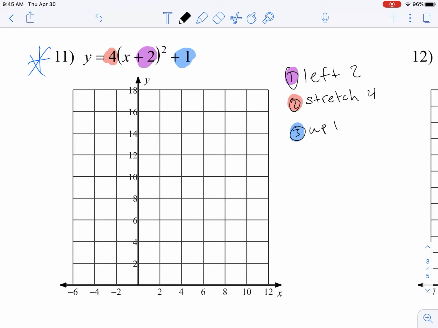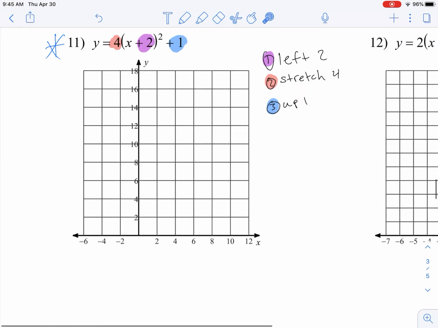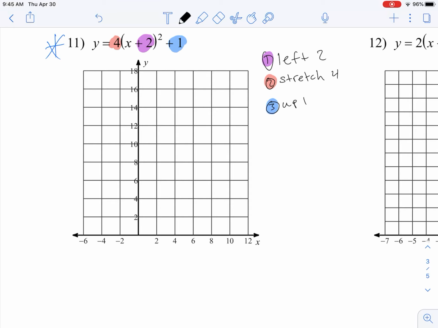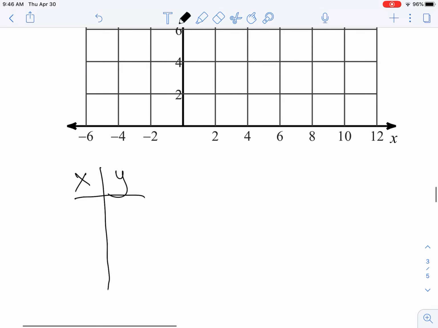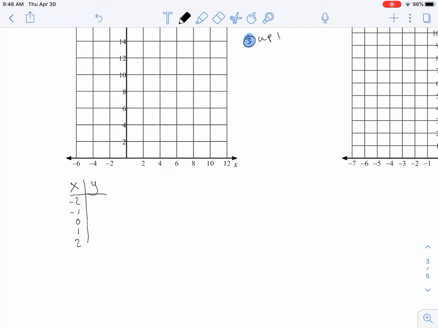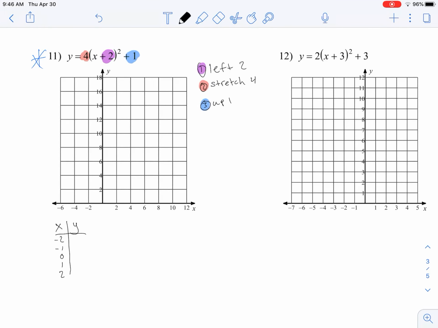Because we have a stretch, I am going to use my table. And you'll see the table is just easier to work out what happens with a stretch. If we don't have a stretch, it's pretty easy to just move the points.